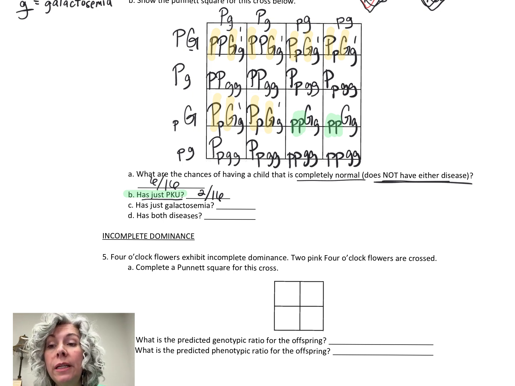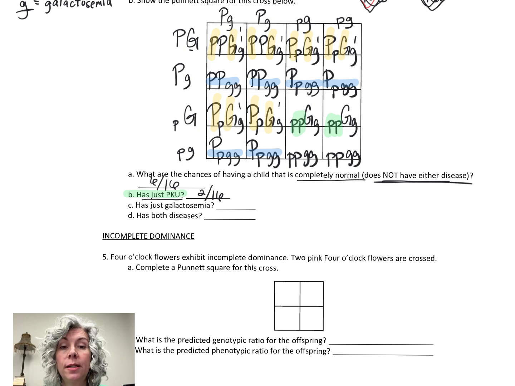So we are looking for little g's with a capital P. Here, here, here, here, here, here. All right, I think that's it. Has just galactosemia. So we're looking for only the little g's with capital P's. So there we are. Got those highlighted.